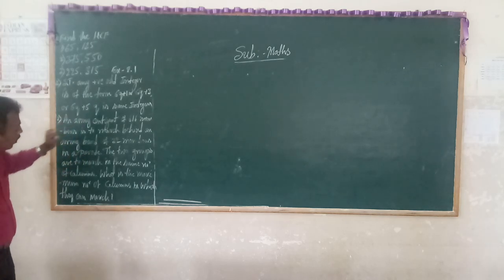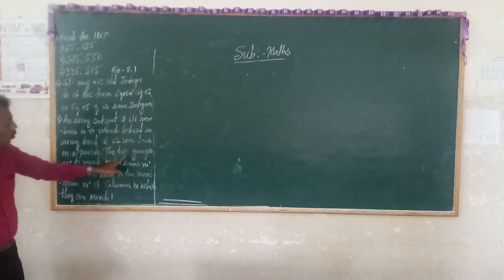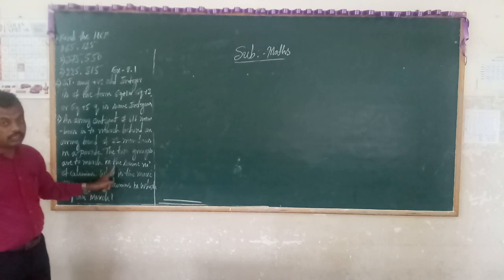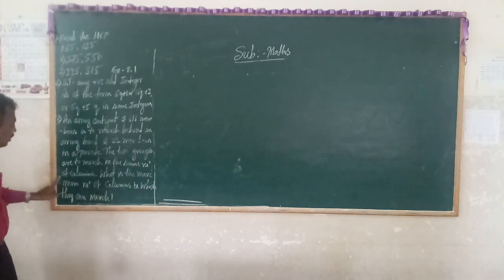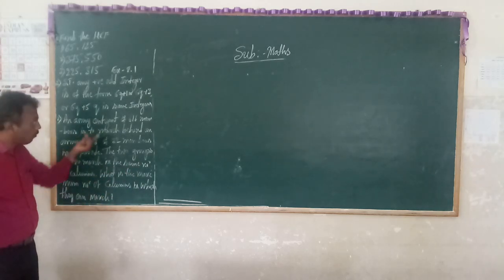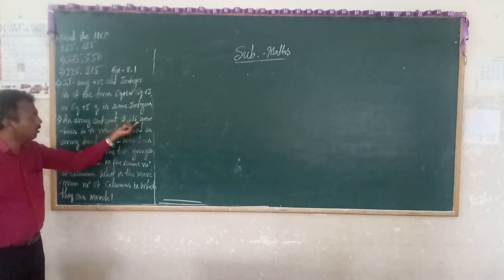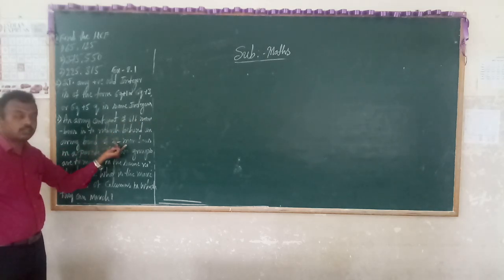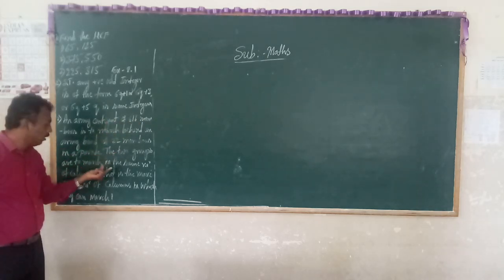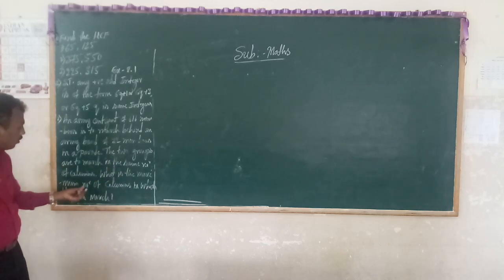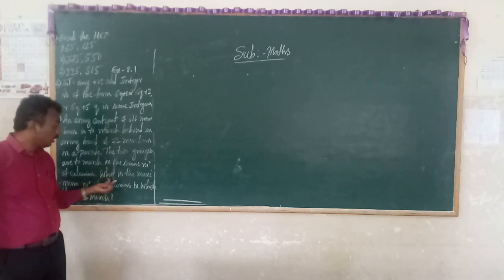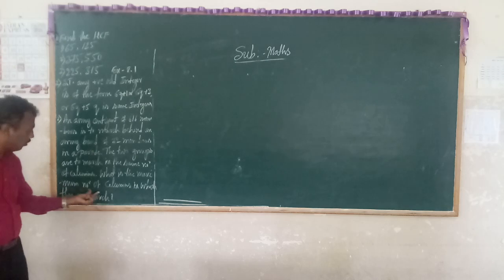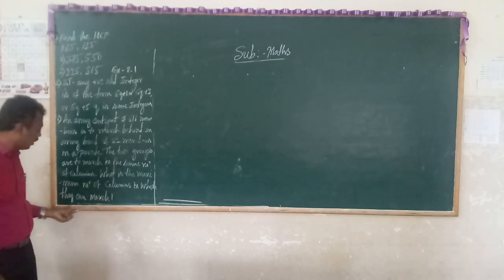These two groups are to march in the same number of columns. They are marching in the same number of columns, 660 members and 32 members. What we have to calculate is the maximum number of columns in which they can march.